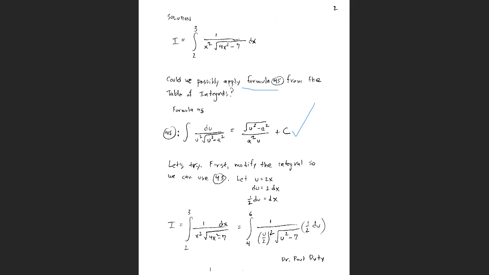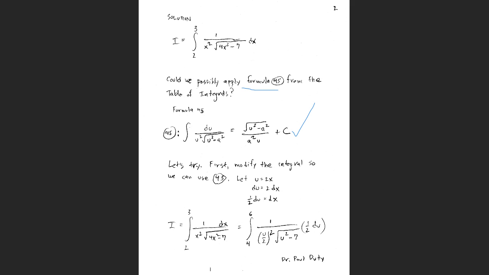Think of it like you're finding a formula from the table of integrals that's as close as possible a match to the integral you're working with. And formula 45 is good.